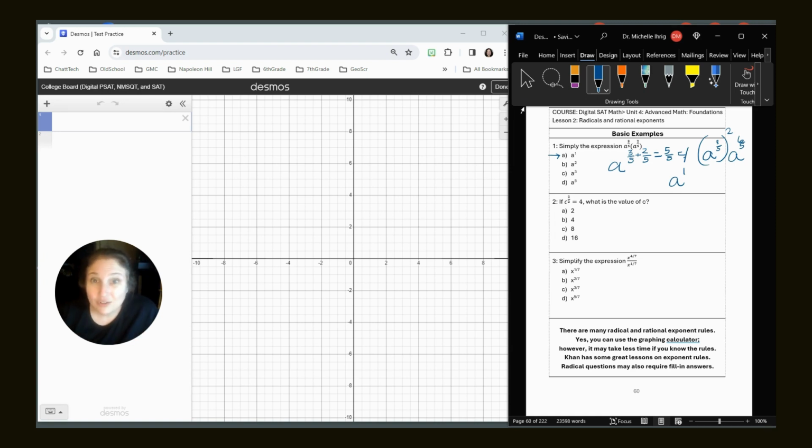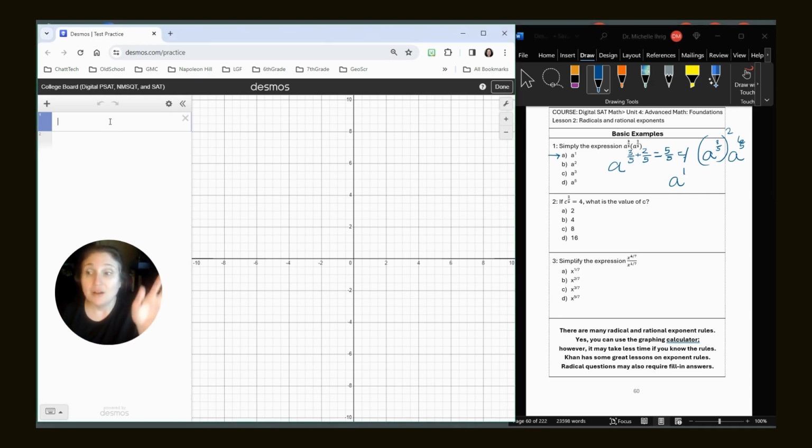Khan Academy is great at giving you practice and helping you understand a problem at a time, but they don't focus on Desmos yet. So what we're going to do is type in the letter A, and I'll show you the cool thing. We're going to do A, and then I'm going to do Shift 6 and put 3/5 as my exponent.